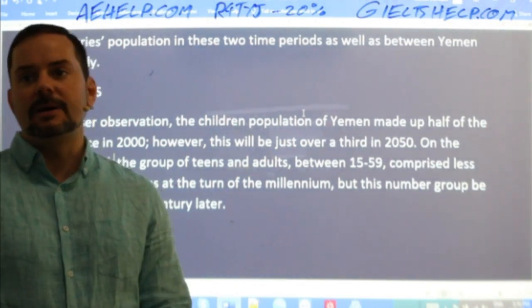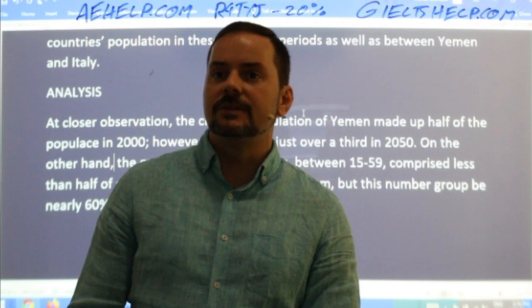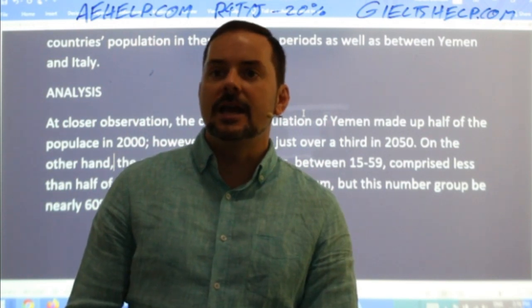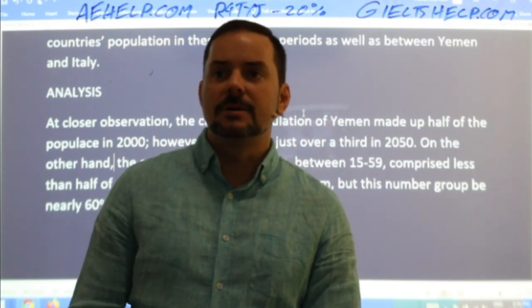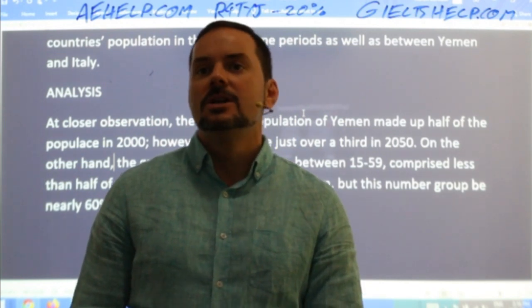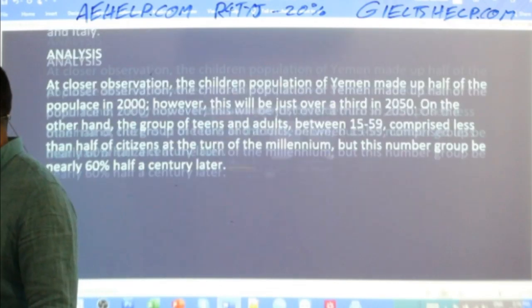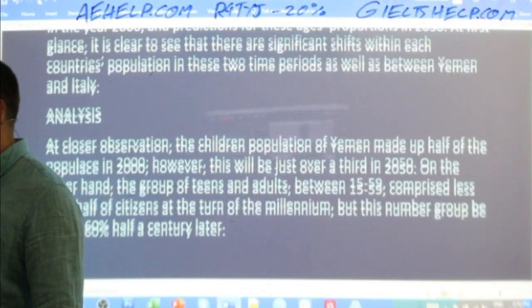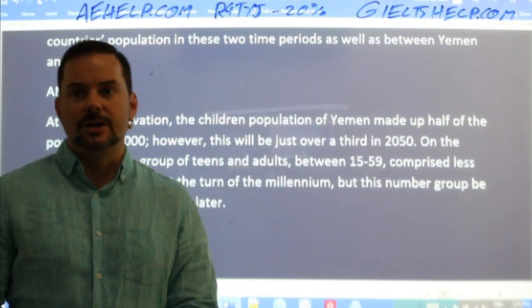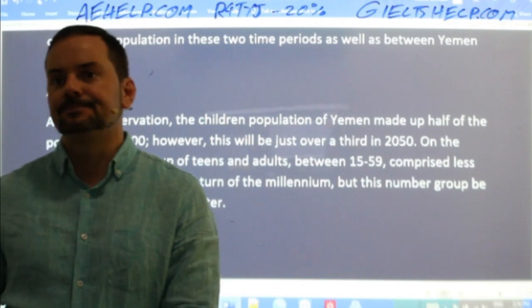Pavan says, looking at the pie charts in detail, it is clear that the elderly population of Yemen had a populace of about half in 2000. Pavan, it's not elderly. Sorry, I made a mistake there, and I think you're copying my mistake. It's children, okay? Blue is the children there. The elderly is that small gray area, okay?